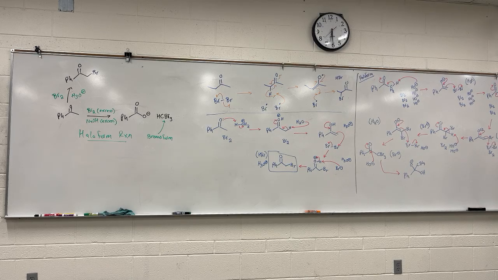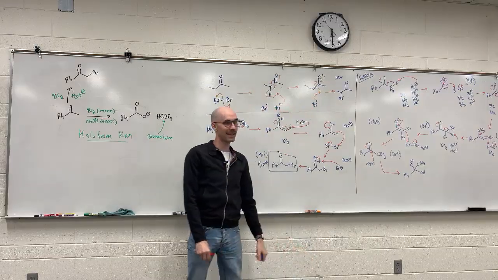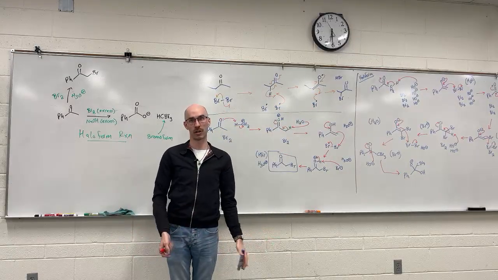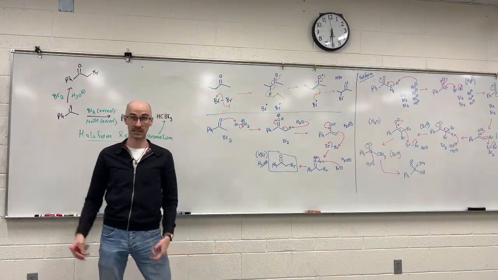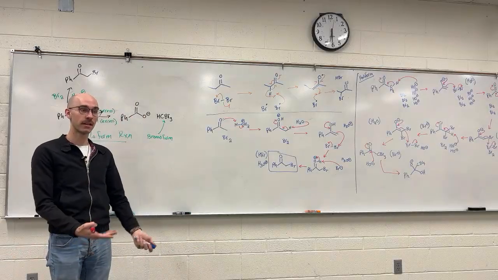Now, typically, we say that a good leaving group would be something like chloride, or even a carboxylate would be a good leaving group. So like when the acid anhydride gets attacked, a carboxylate can get kicked off. But we say that like a carbon group is never a good leaving group because it has to leave with the electrons. It would have to leave as a negatively charged carbon.